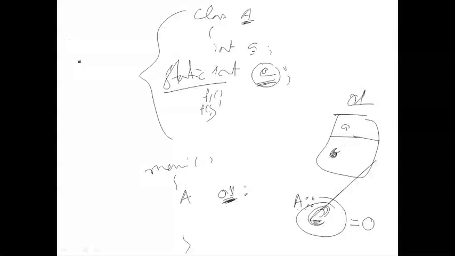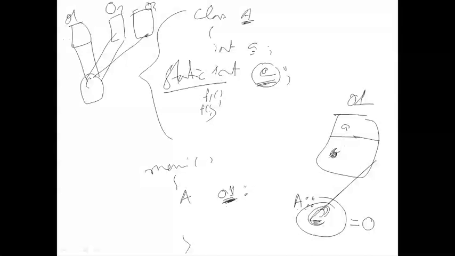So the concept is that if we have object 1, object 2 and object 3, there will be a single copy, and it will be available to this, this, and this.